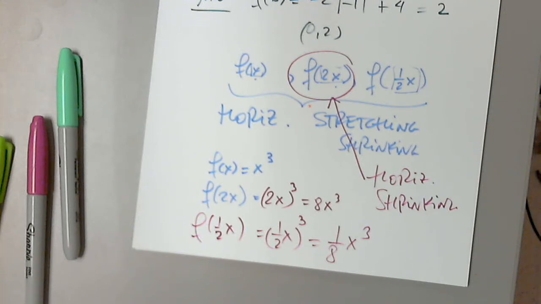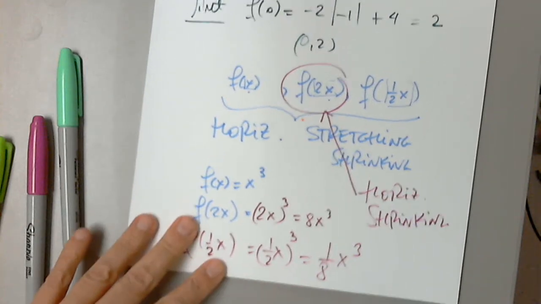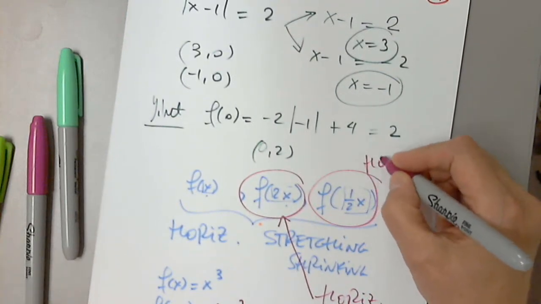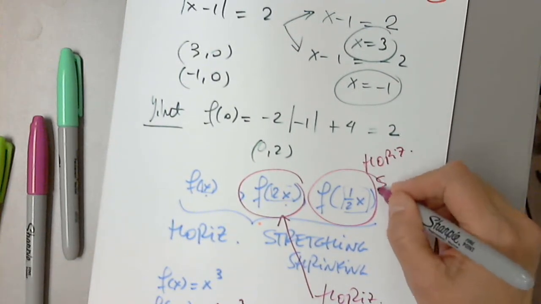Okay. Let's see what really happens. So here's x cubed. From x cubed, 1/8 x cubed is this? First one, right. So it's a horizontal stretching by a factor of 2. This is the opposite of what you would expect: horizontal stretching.